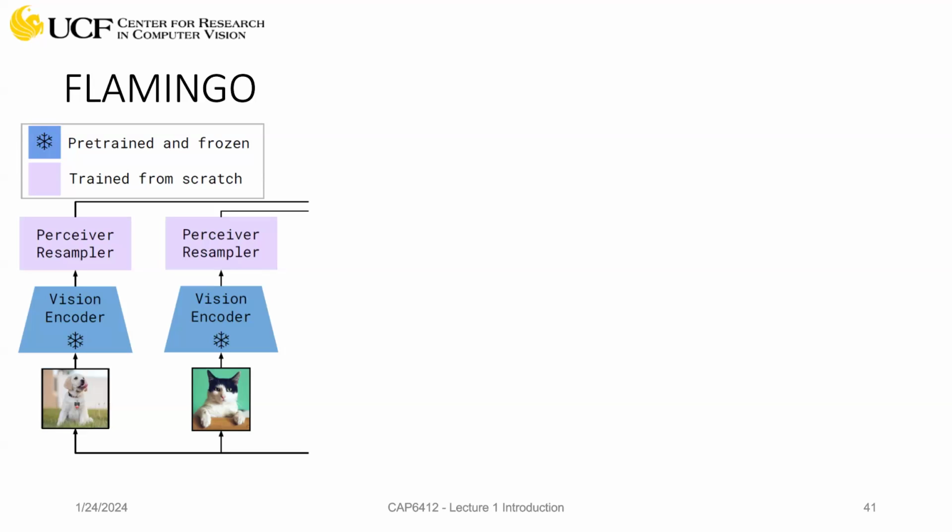Then we have the perceiver resampler, which will take the tokens and reduce the number of tokens. As you know, the image is big resolution, a simple 200 by 200 image will have about 200 tokens. But text typically doesn't have that many tokens. Since this is a visual language model, we want to reduce the number of tokens.